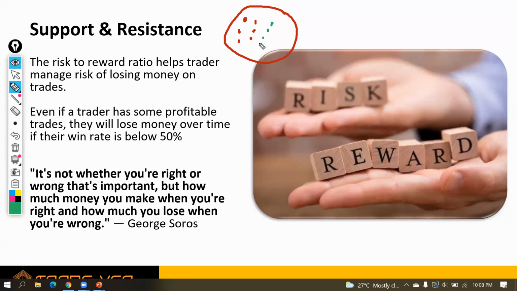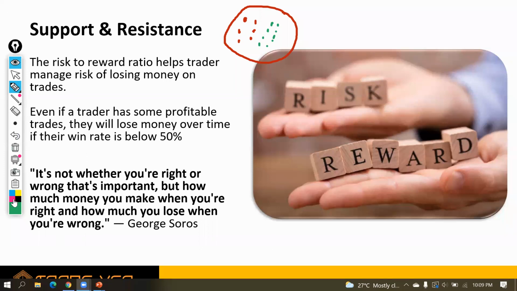If your risk to reward is the same, most of the time your portfolio will be struggling, because sometimes you win two trades, and later on one big loss wipes all the winners out.